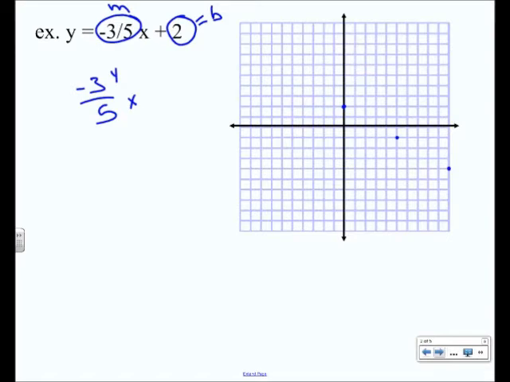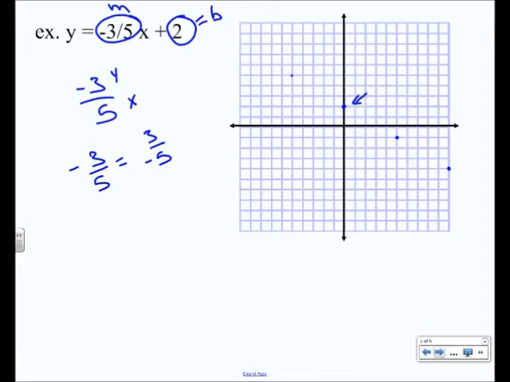Now, remember we said before that -3 over 5 is the same as 3 over -5. So this means that we can run this backwards. How about if I go 3 in the rise direction, back from our original point right here? We'll go 1, 2, 3, and we'll go -5 in the x direction, 1, 2, 3, 4, 5. We've got a point there. Let's do one more.